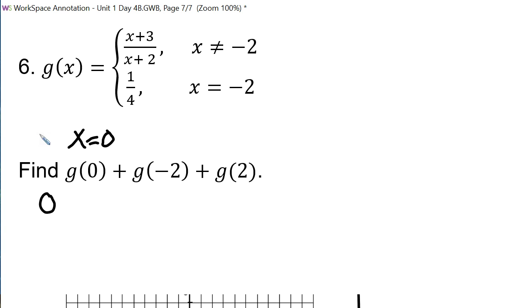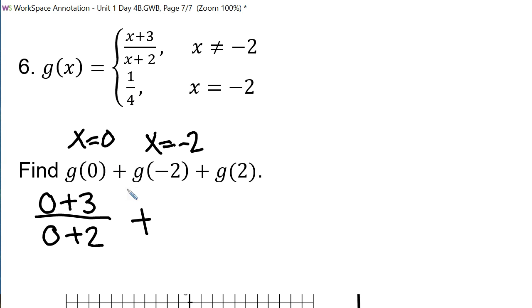So that would be 0 plus 3 over 0 plus 2. Add to that. The next one would be g of negative 2. So if x is negative 2, do I use the top one or the bottom one? Bottom one. So that answer is just 1/4. You don't have to simplify anything for that one. So you only use the bottom one if x equals negative 2.